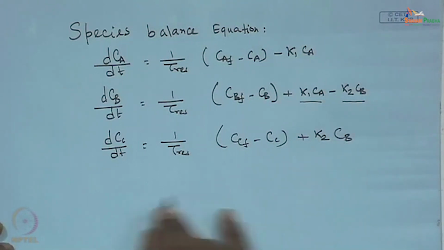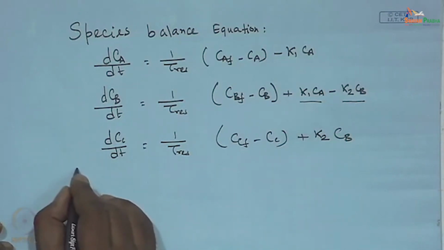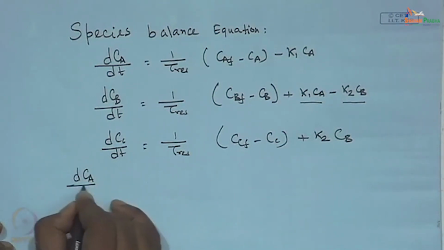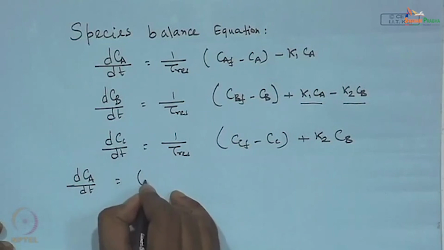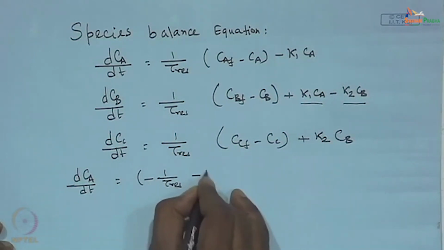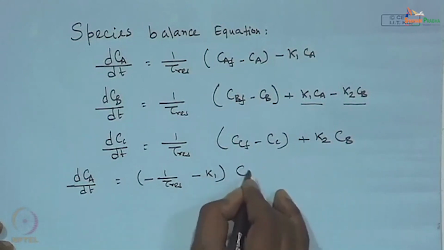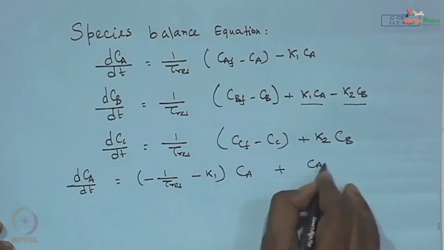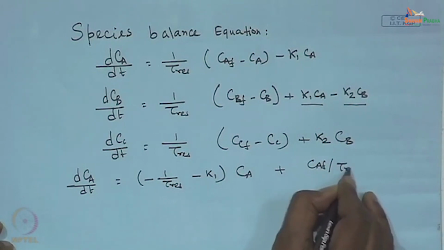So, we can write it in a more amenable form. dCA dt will be minus 1 by tau minus K1 times CA plus CAF divided by tau.